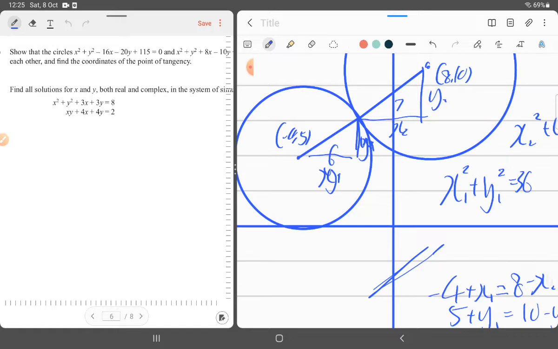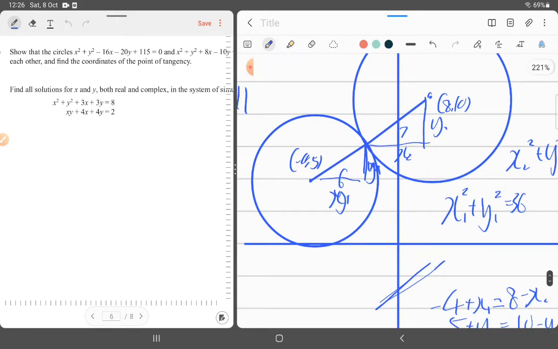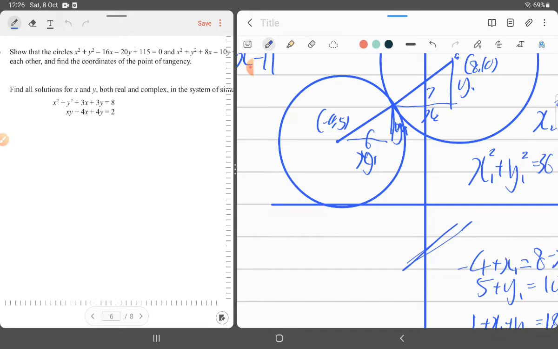Actually, can I just use ratios to solve this? I don't know.